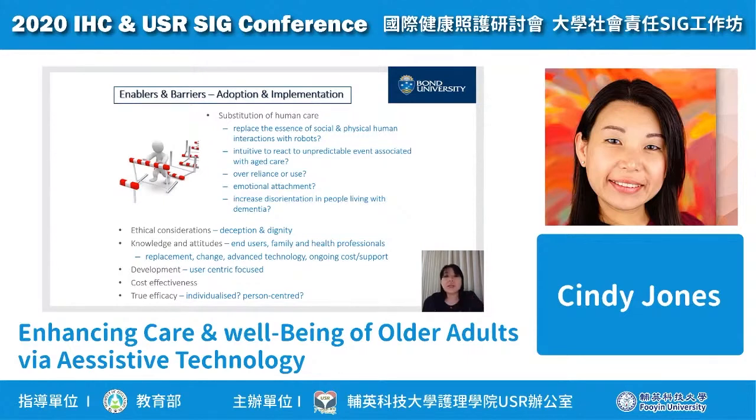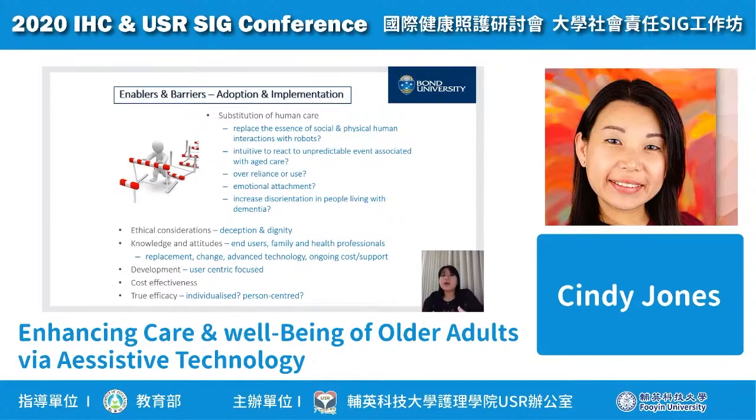Is it meant to be individualized, person-centered? A lot of our research is looking at the efficacy as a group result, the impact on the group. But what about the individual impact? Some people might be more receptive to social robots, get more out of a social robot compared to somebody else. So there are a lot of varying factors.